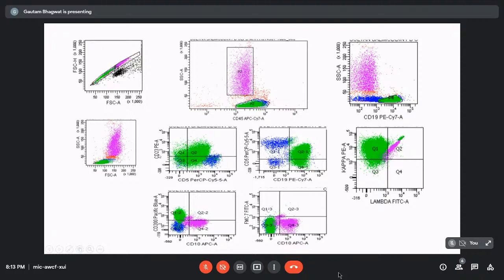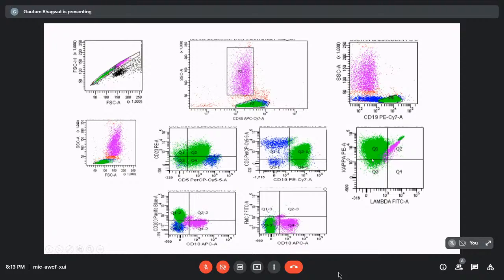CD19 positive cells are co-expressing CD5 and CD23, that is, these are CD5 positive. So CD5 CD23 co-expression, CD5 CD19 co-expression, and CD200 positive. So with this I come to know that this is a CLL. The most important thing in diagnosis of a BCLPD is the kappa lambda restriction.